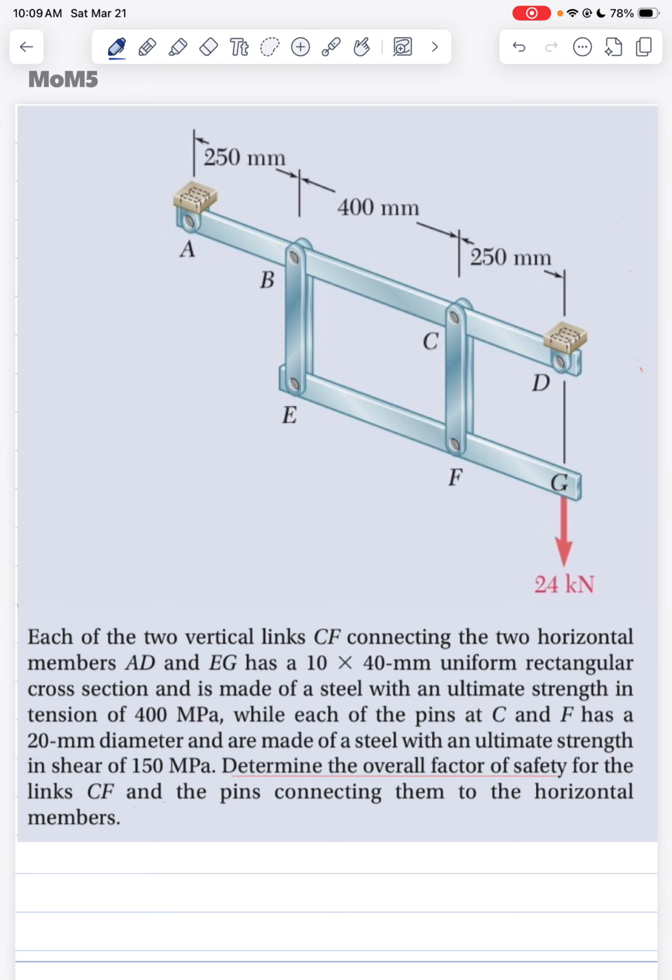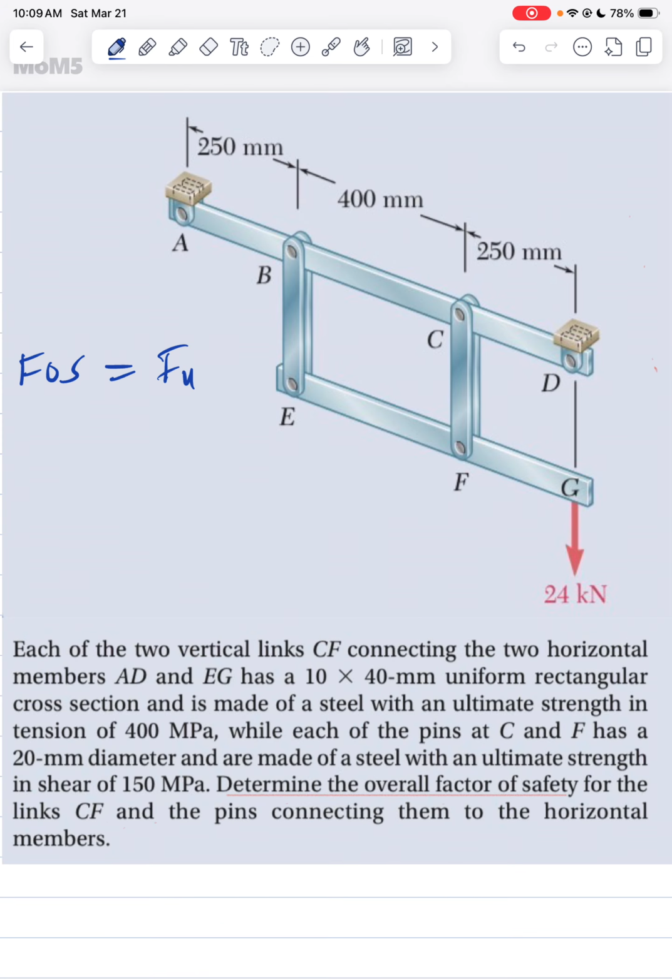So for the factor of safety, let's call that FOS, it's the maximum force that the member will experience compared to the force in that member, which is CF, which is what we are looking at here.